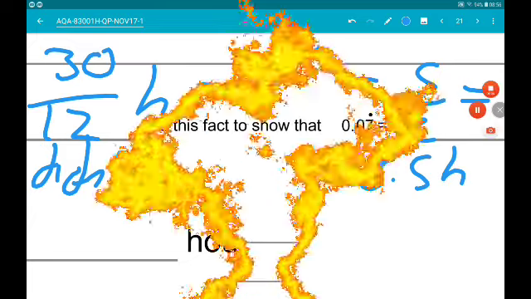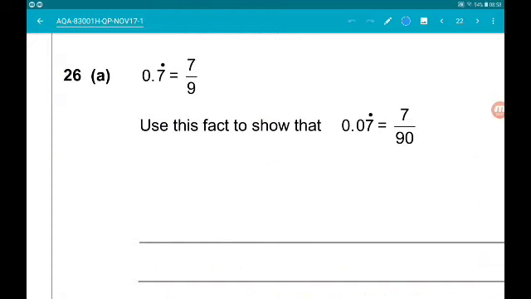Cool. Okay, 26 we have recurring decimals to fractions.